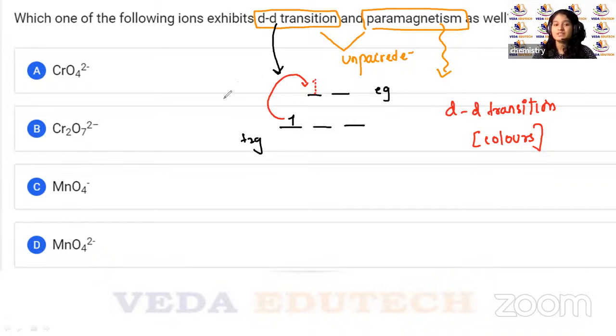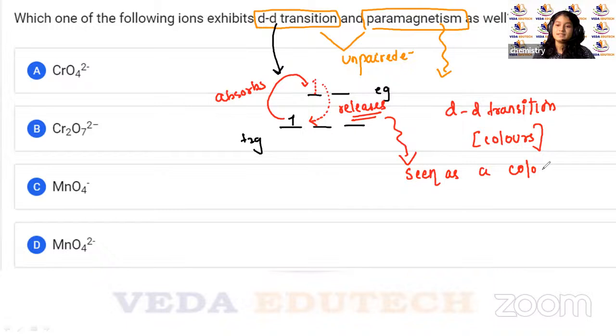When it absorbs energy, it goes up, but it cannot stay there for a longer time, so it tries to come back to its home, so it releases energy. When the energy is released, it is seen as a color, right?